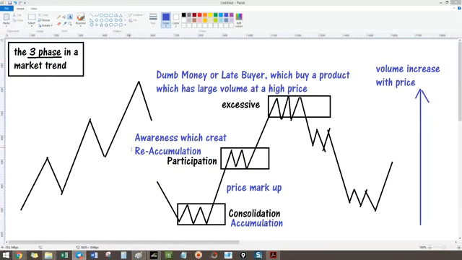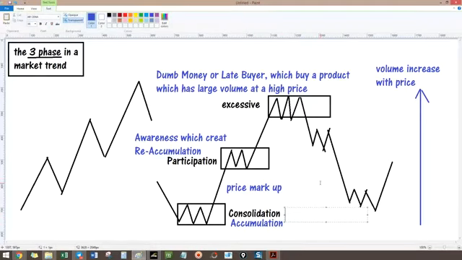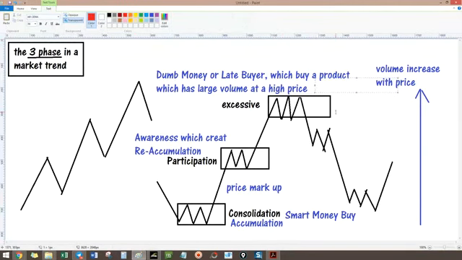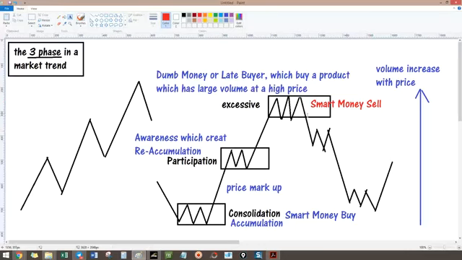The three phases in the market trend: consolidation, participation, and excessive. Over here, consolidation is where smart money is buying. Over here, at excessive, smart money is selling. When retail money is buying, smart money will sell.